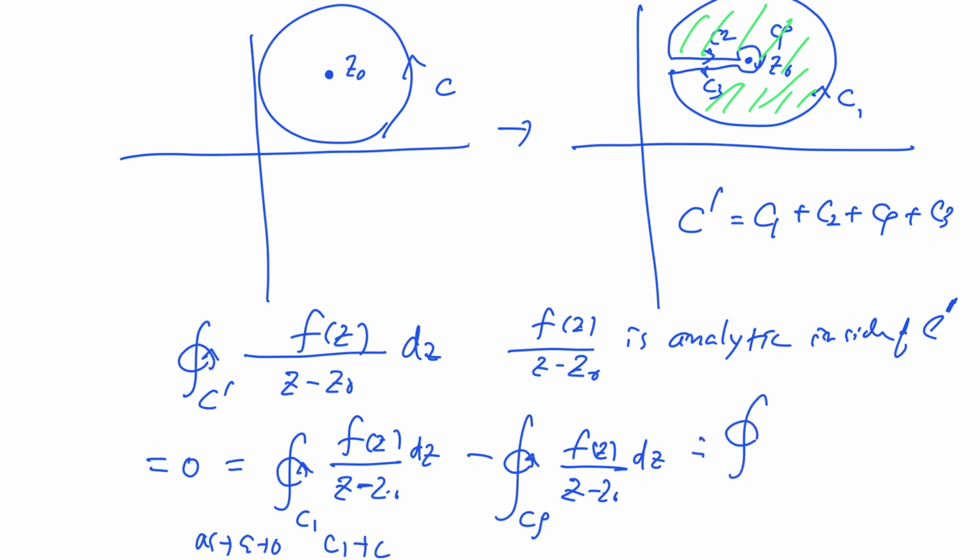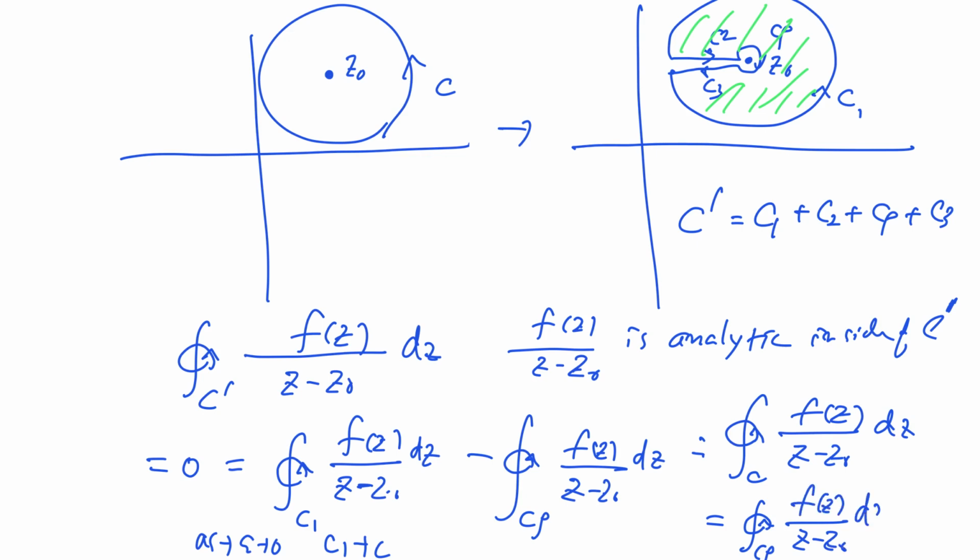Therefore, if you set this epsilon goes to 0, then C1 becomes C, right?